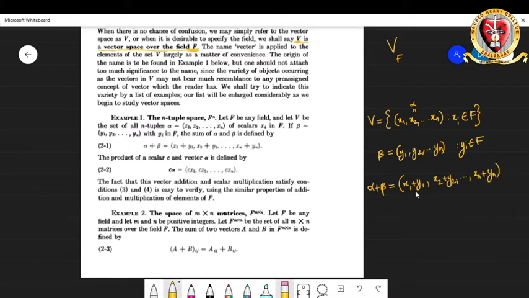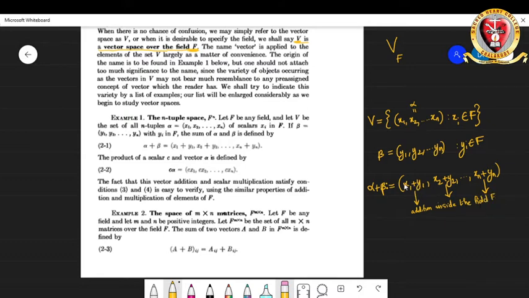So what is this operation, the plus here? We are defining it like this. So this plus is nothing but the addition inside the field F. The field F already has an addition.